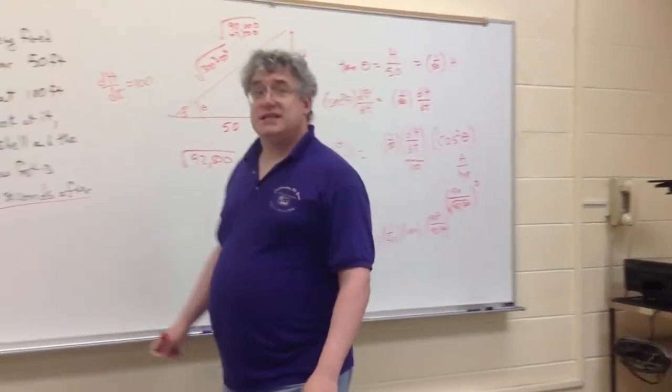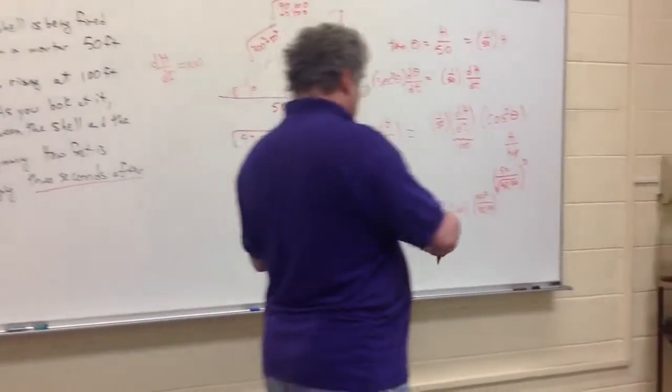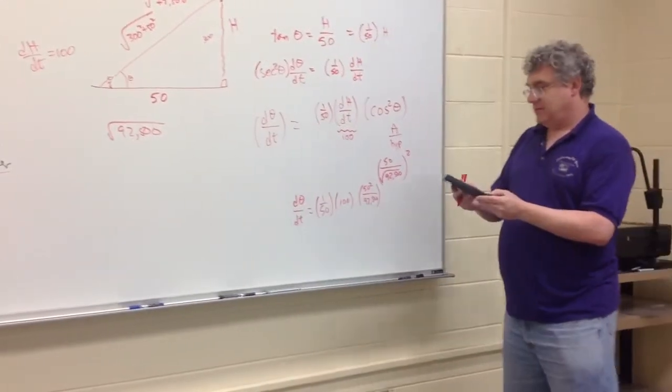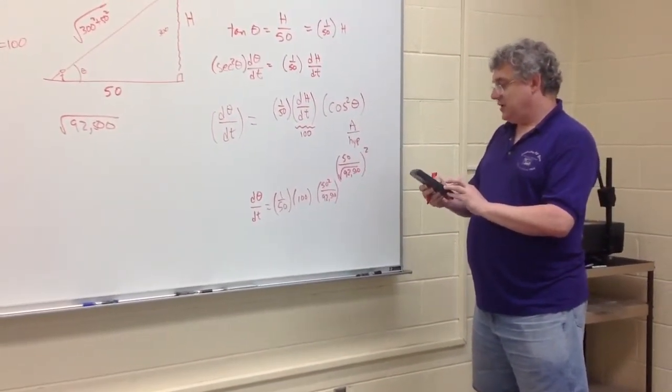There's a lot of little bits in here, so I'm going to come back to my handy dandy calculator and get a numerical value for this. I have 100 divided by 50. Okay, that's 2, I know that.